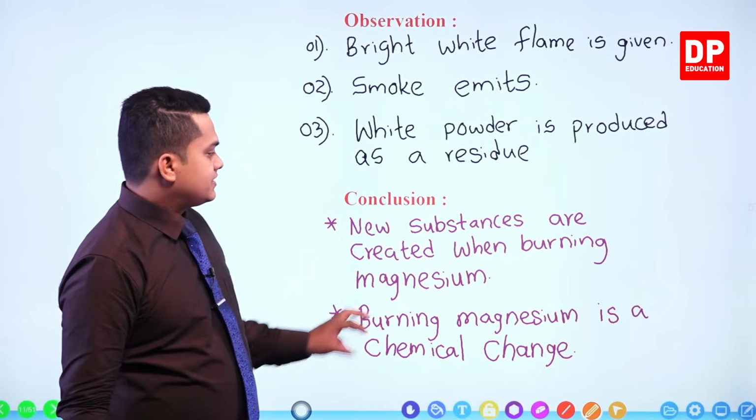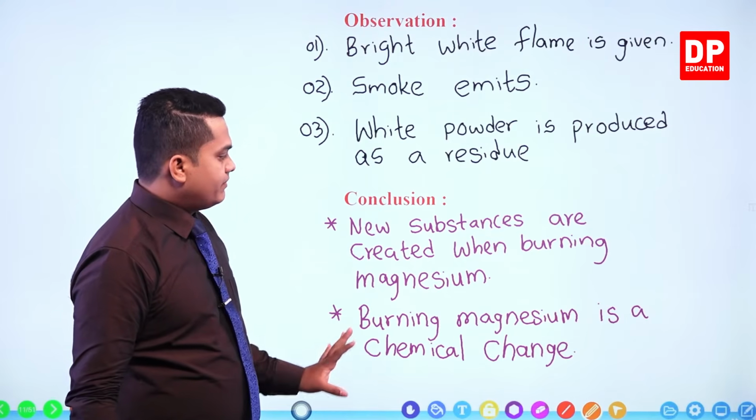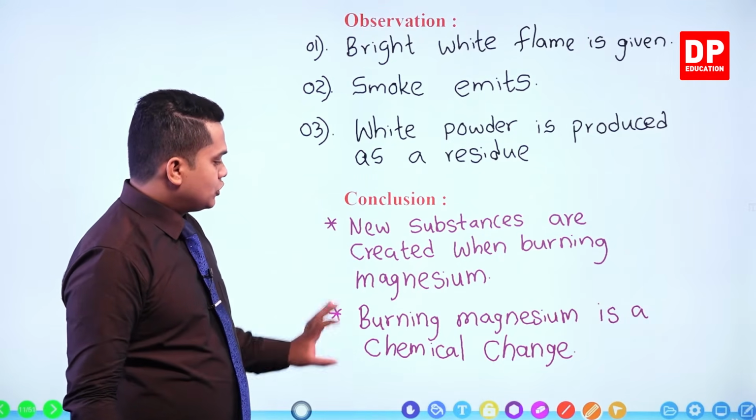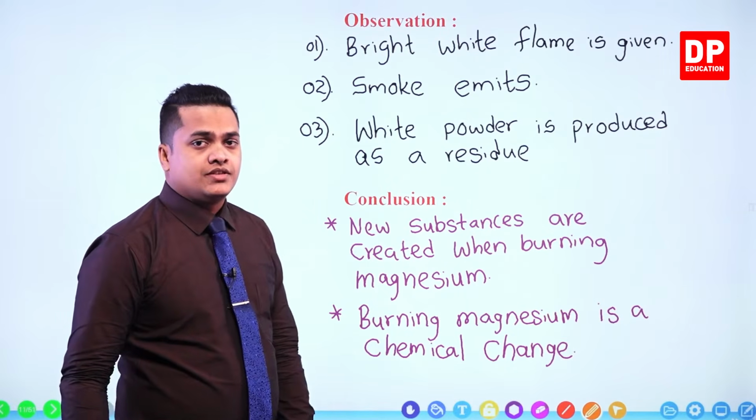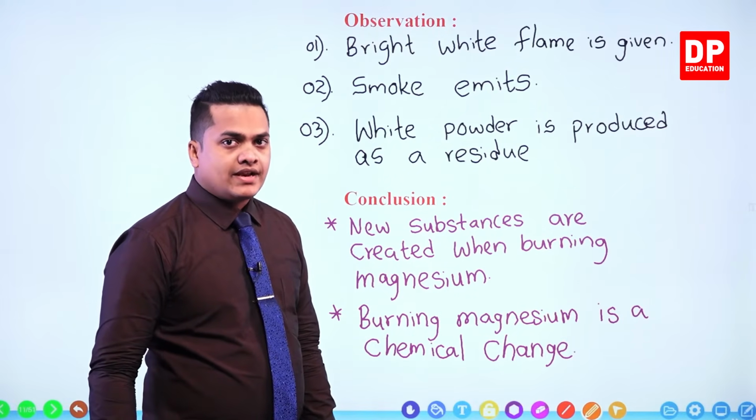So new substances are created when burning magnesium. So burning magnesium is a chemical change. This is the final conclusion that we can take.